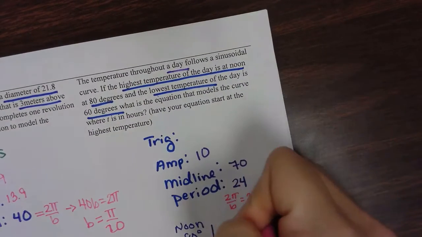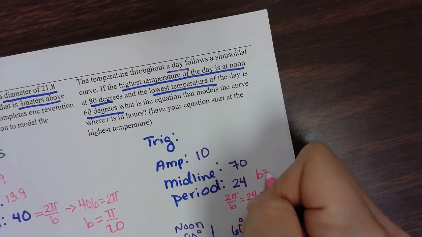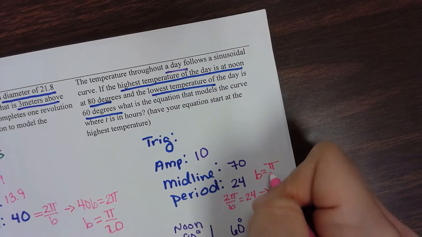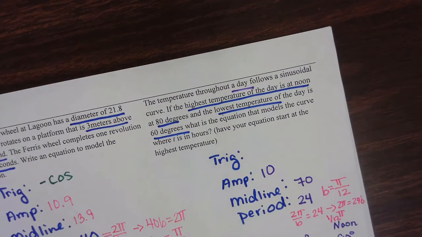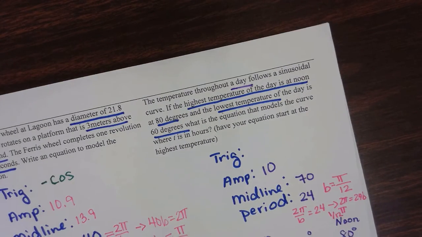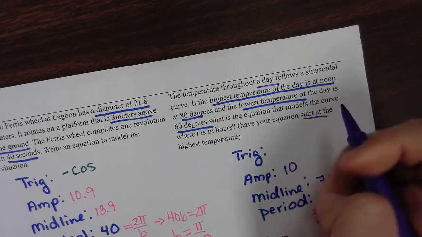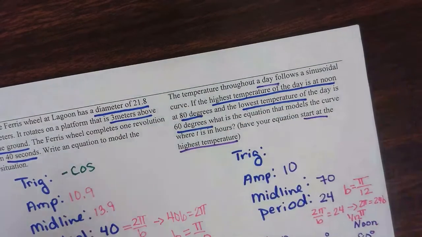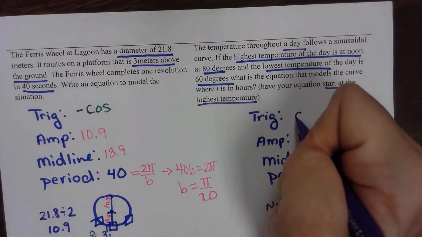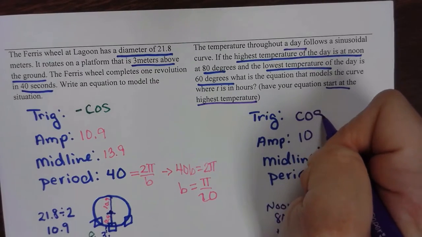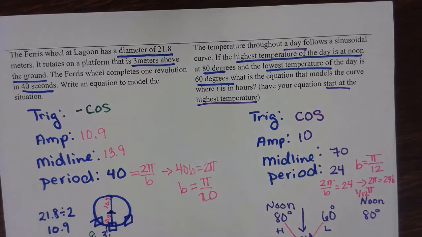All right, so our b equals, and I'll put the pi on top, pi over 12. All right, now it says have your equation start at the highest temp. Well, midline is sine, so it has to be cosine. And then it is a positive cosine because we are at the highest.